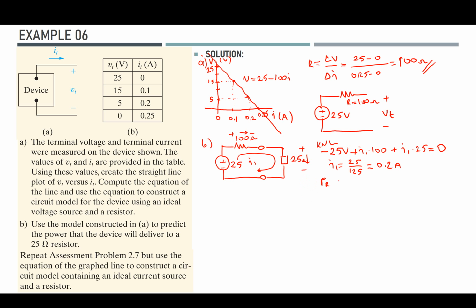So the PRL, which is the load resistance that I connected to it, should be I squared R, so 0.2 squared times 25 would give me 1 watt.